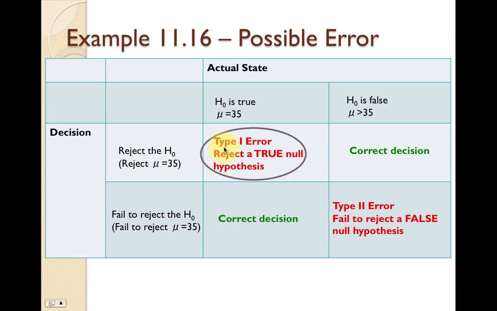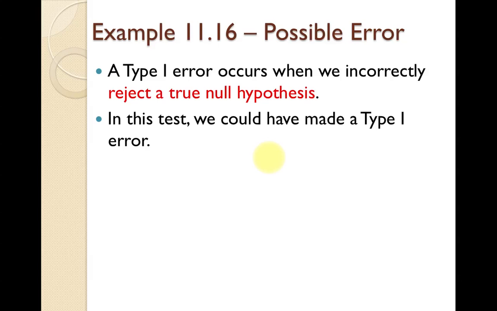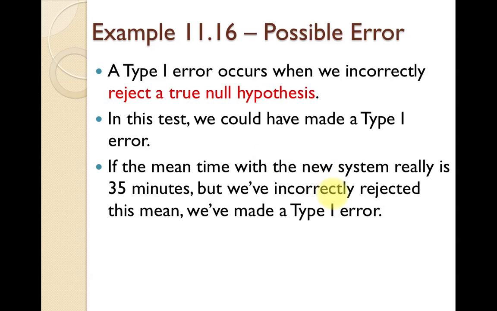Now, if we incorrectly reject the null hypothesis, we make a type 1 error. And that's what we could have made in this example. So it means that the mean time of the new system really is 35 minutes, but we've incorrectly rejected this mean and made a type 1 error.